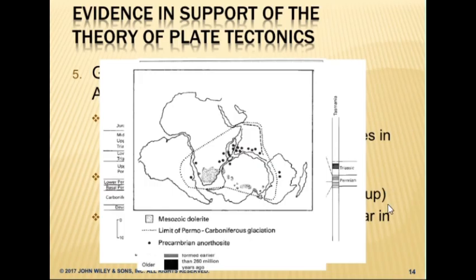The other thing is, you can see mountains. Younger mountains that formed earlier, as well as older mountains, can also be correlated across these continents. For instance, the Caledonian Mountains, you can see them in Europe and in North America. The Appalachian Mountains, you can also see across this boundary.